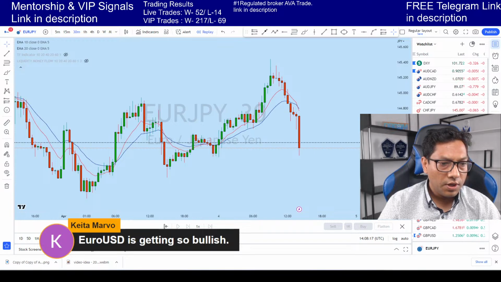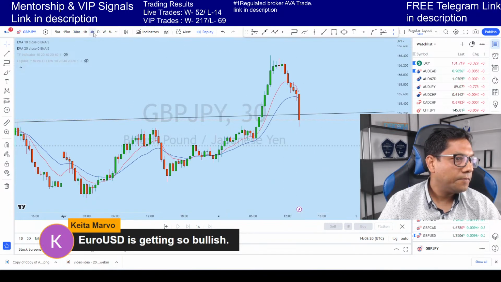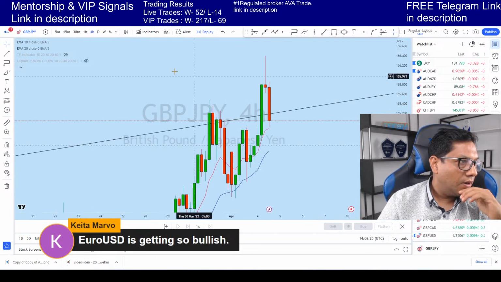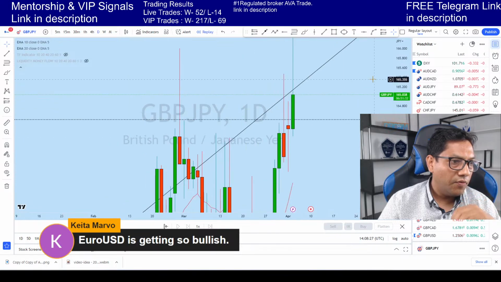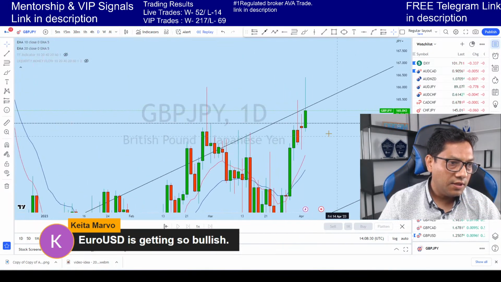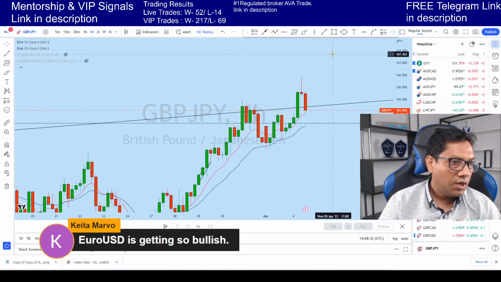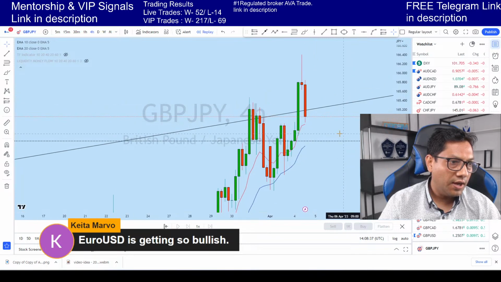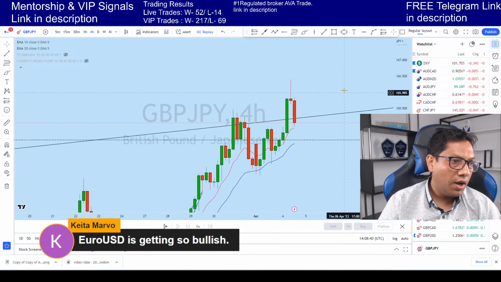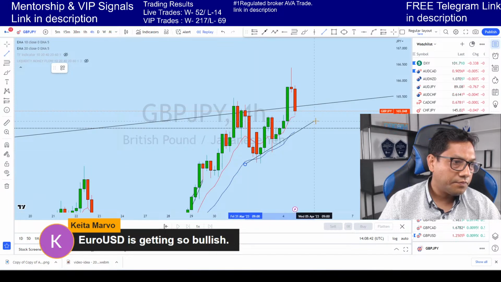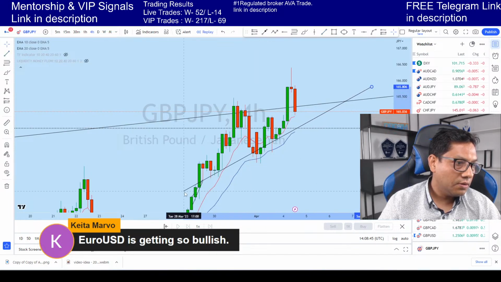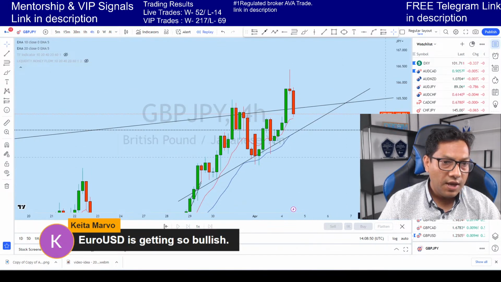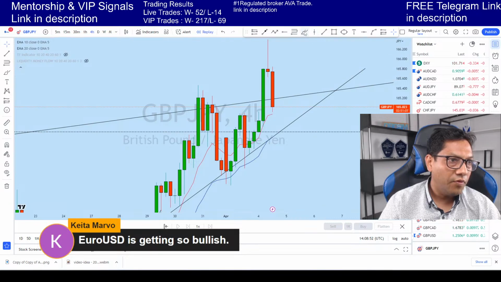Okay, so let me look at GBPJPY. This one also, you see, after a significant bullish move is coming down for a deeper pullback. I think this market is also strongly bullish. We see that there is a big support here, and the market has in fact formed a structure here.